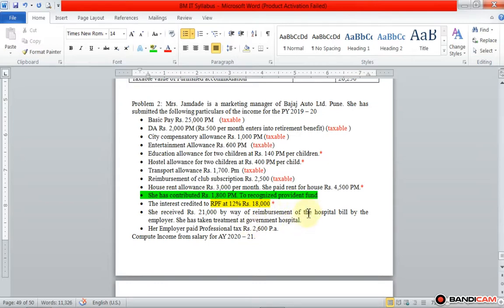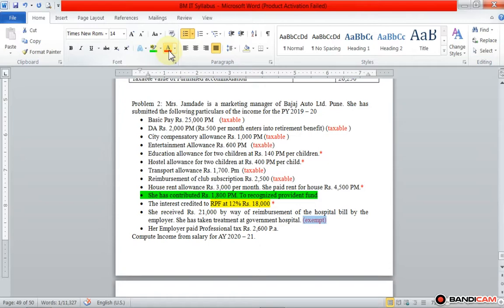Then professional tax. Exempted. Then professional tax is paid by the employer. If professional tax is paid by the employee, then we directly deduct this professional tax from gross salary under section 16, subsection 3. But here the employer has paid the professional tax, then remember the deduction under section 16.